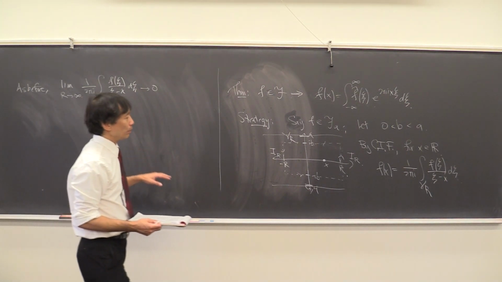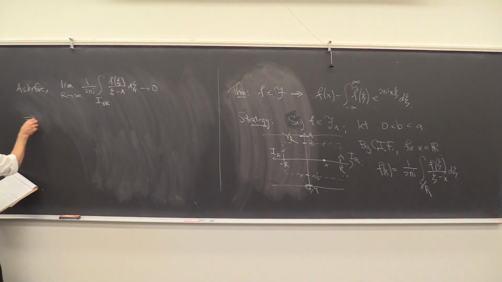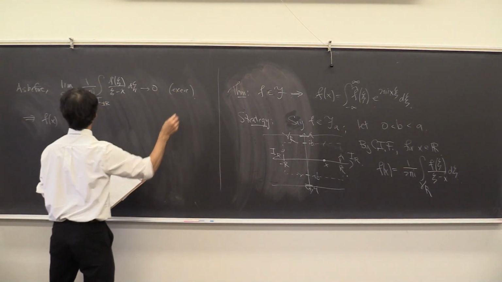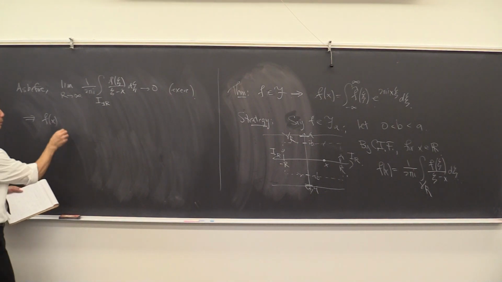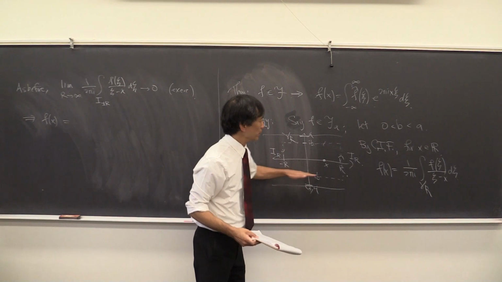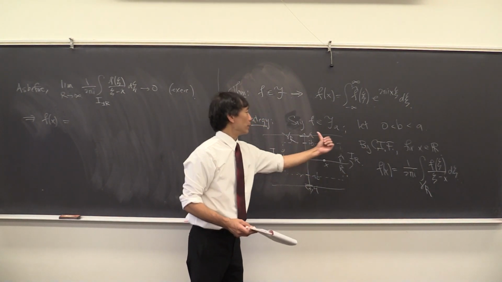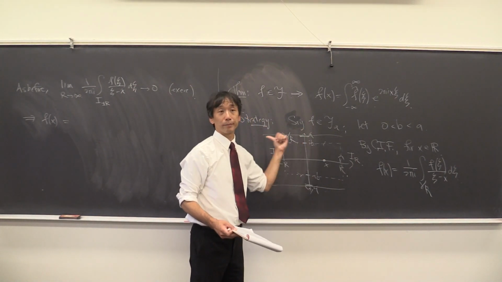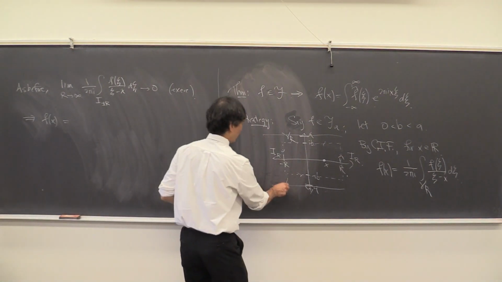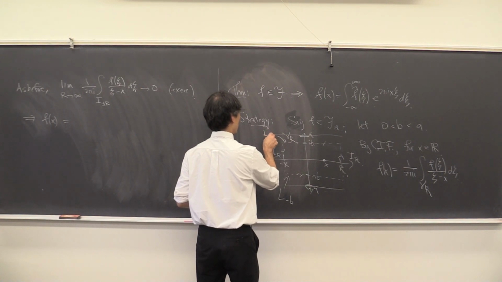So what does that tell you? That tells you that f of x can be expressed as the integral over the line down here, plus the integral over the line going this way, the line at b. Let me call this line negative b and the upper one line positive b.